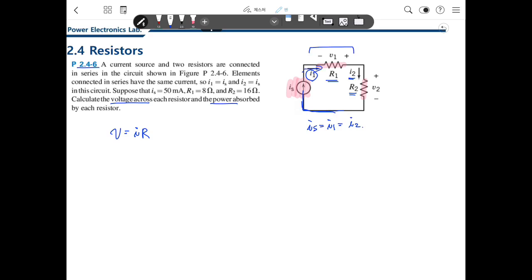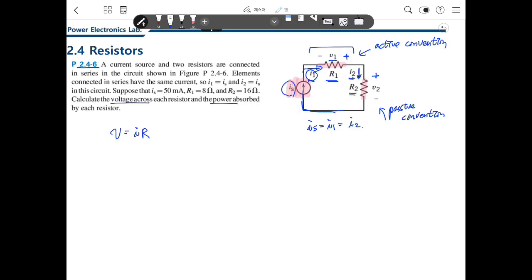The current goes to here and the direction of the plus is here, so this is the active convention. But in this case, the current goes into the plus, which means passive convention. Anyway, you should get I1 and I2 and V1, V2 in this direction.